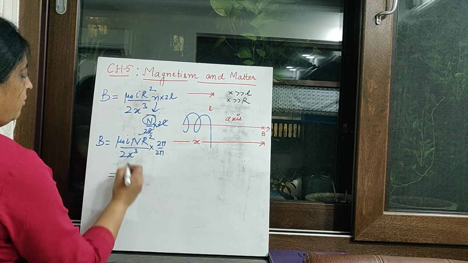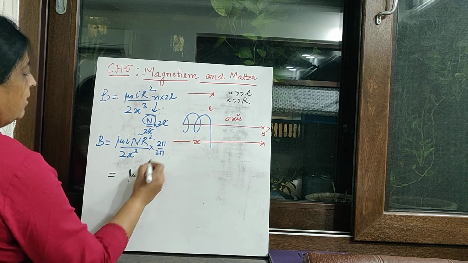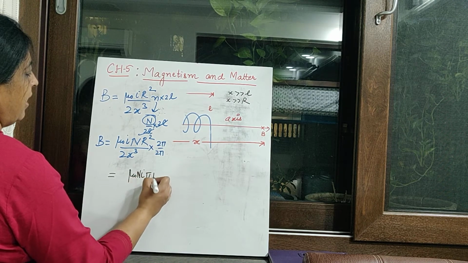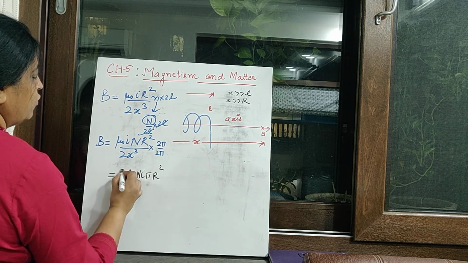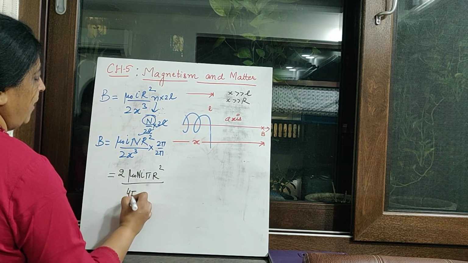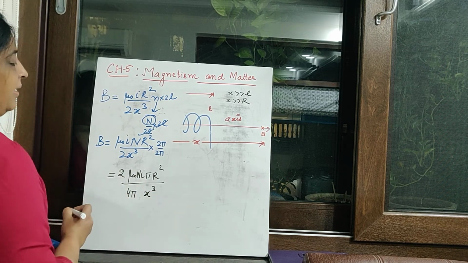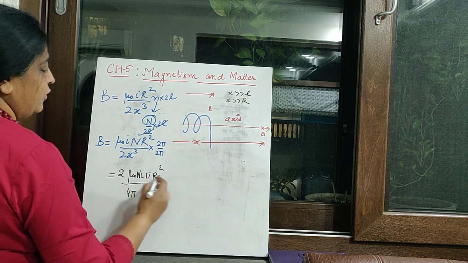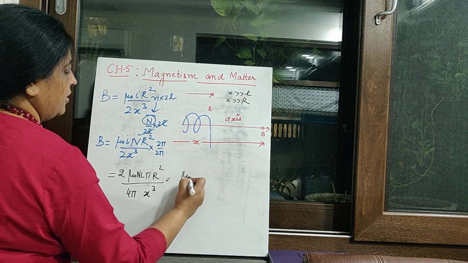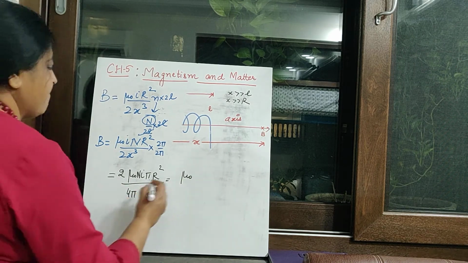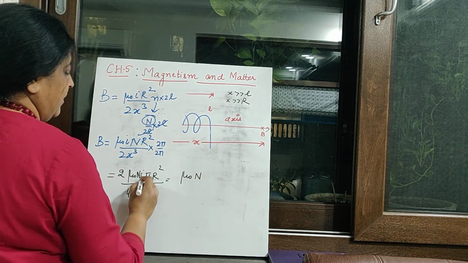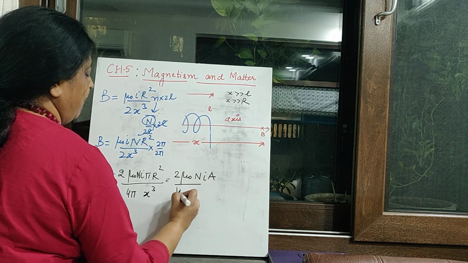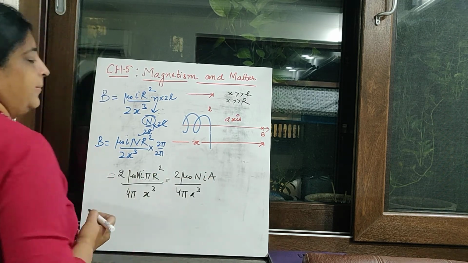We get mu naught I n, pi r square into 2 divided by 4 pi x cube. Further, pi r square is the area, so you get mu naught n I A into 2 divided by 4 pi x cube.